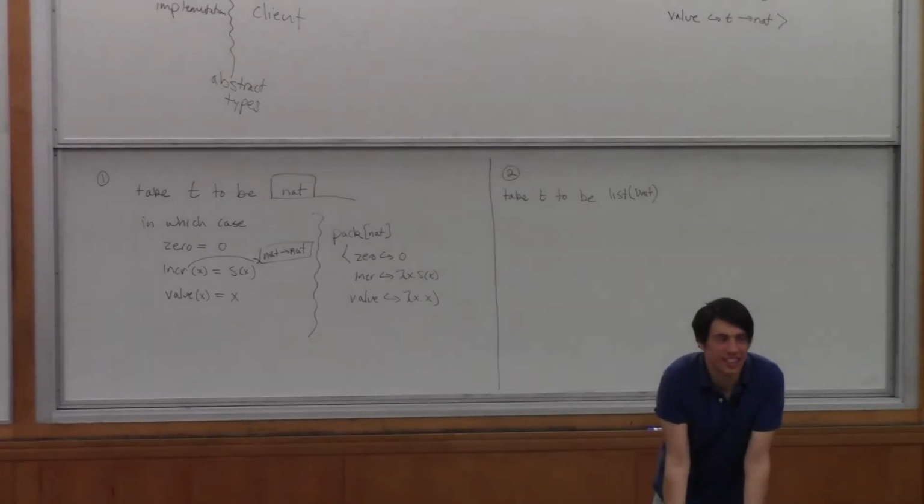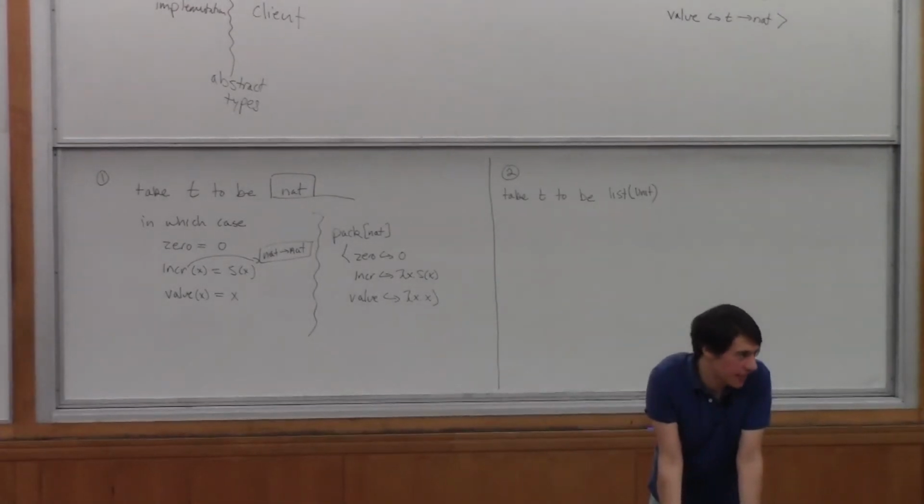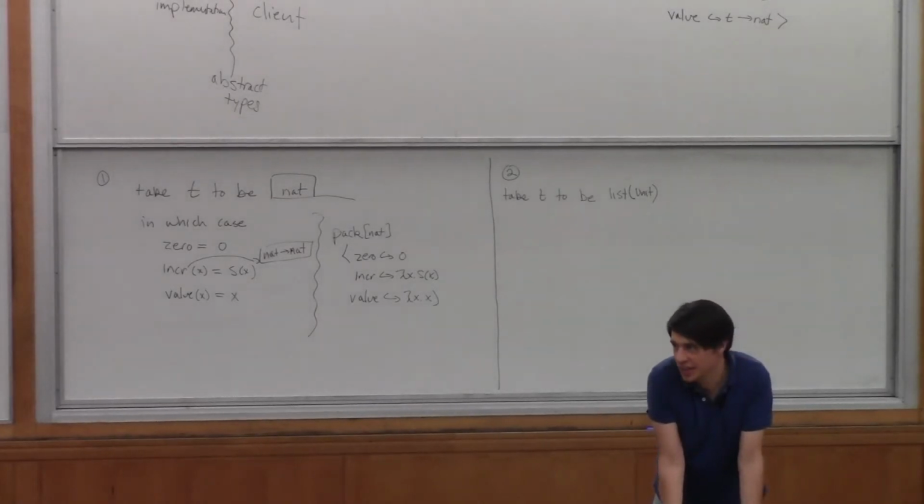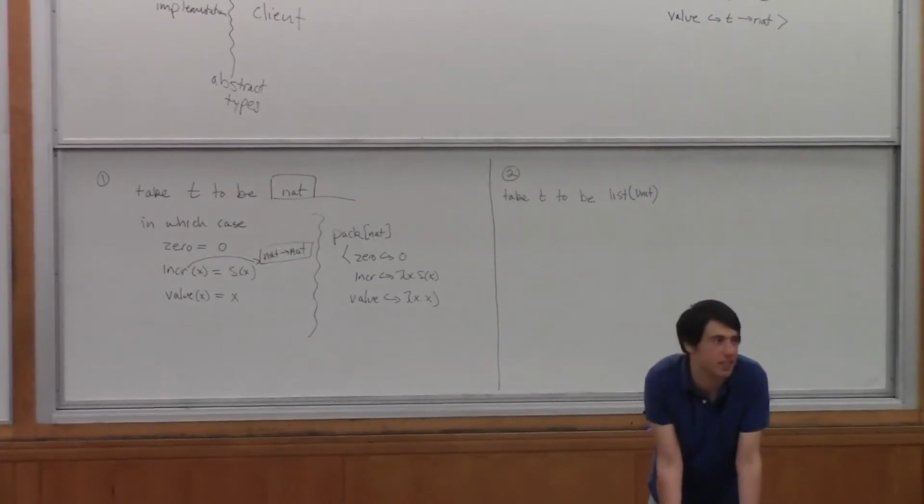Okay, so nat from yesterday was unary natural numbers, right? Natural numbers where the size of the data representing a natural number is proportional to that number itself. List of unit is also isomorphic to unary natural numbers, right? Where empty is 0 and consing the empty tuple onto a list is successor.